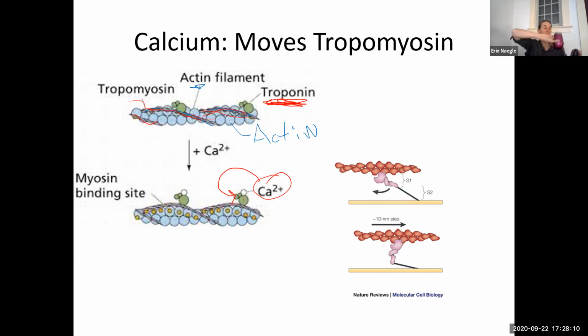Calcium is going to go into the troponin, and that causes this physical movement, and the tropomyosin is going to move out of the way. And now the myosin can bind to the actin.